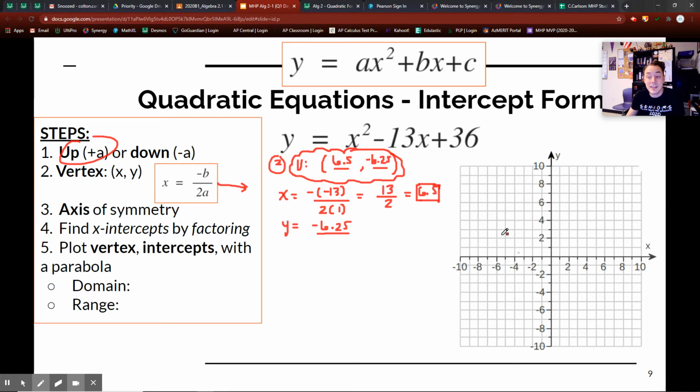So that is my vertex. 6.5 is roughly right here, and then -6.25 is probably going to be right there, roughly. Awesome. I know my axis of symmetry is also this, so let's draw that real quick. And let's say that that's x equals 6.5, because that's what it is.